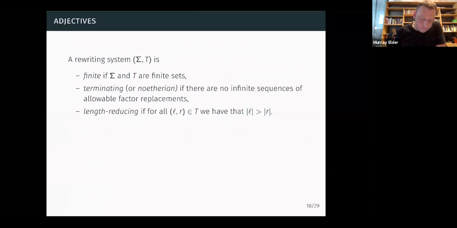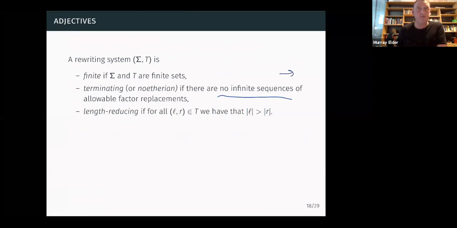So here are some adjectives that we say in front of rewriting system. Finite if the sets are finite. Terminating if there's no infinite sequence of factor replacements. Okay, so in this case, because it's length reducing, we know that there's no infinite sequence of factor replacements.